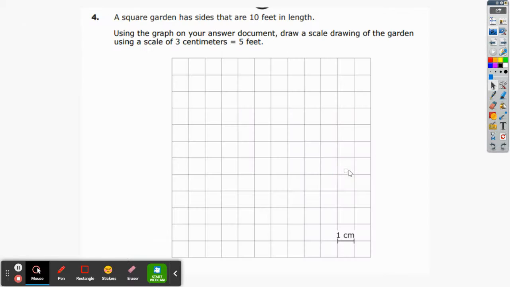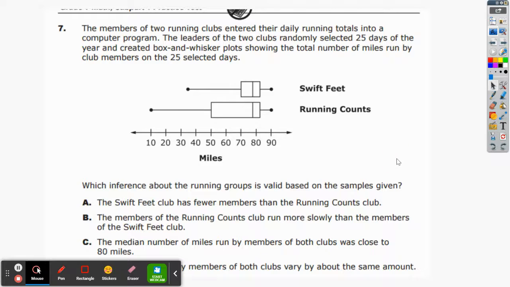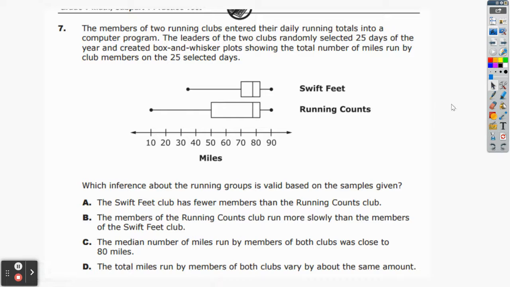So what we're looking for right now is a box and whisker plot. You see, look, there it is. Let me close this. There you go. All right.